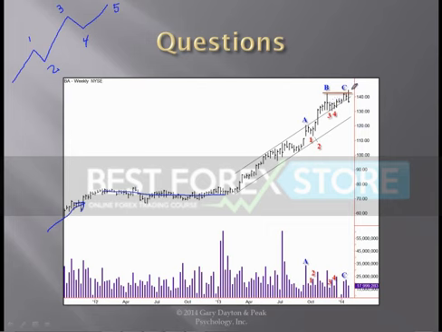So maybe now we're having an ABC kind of thing down. I don't want to get into Elliott wave, but there's only a limited number of pushes up that you can get. I've seen it go on and on for lots and lots of waves, but that's not a bad little rule of thumb to think about in terms of a mature trend.